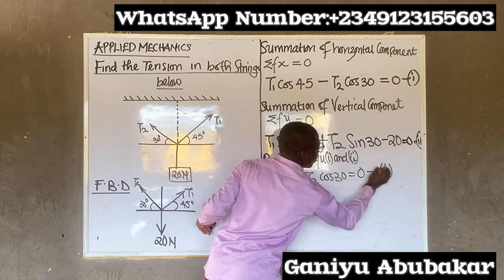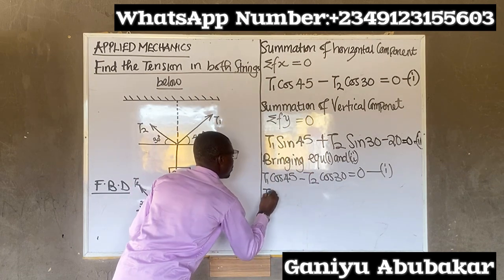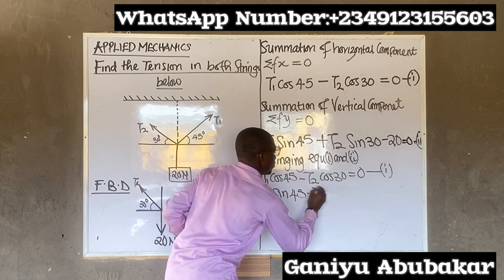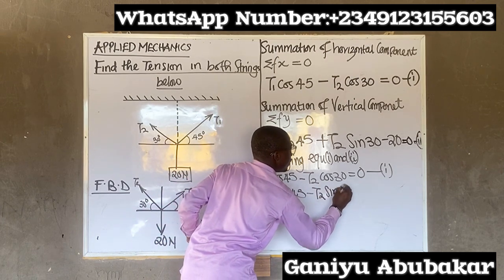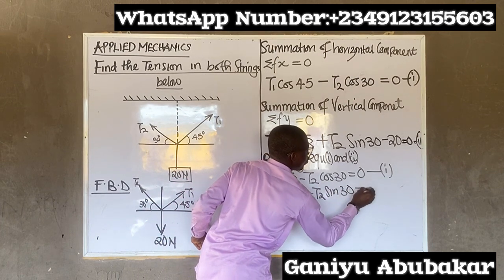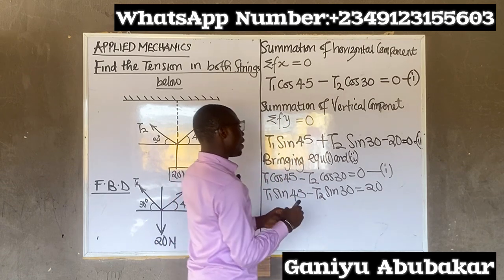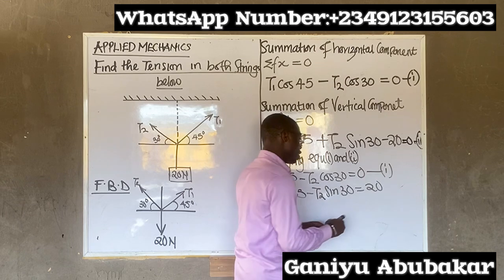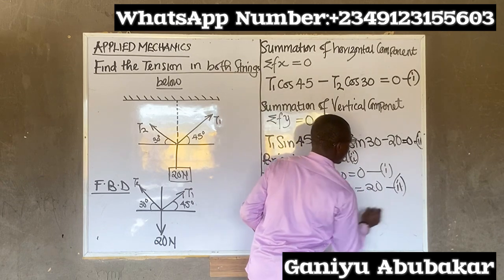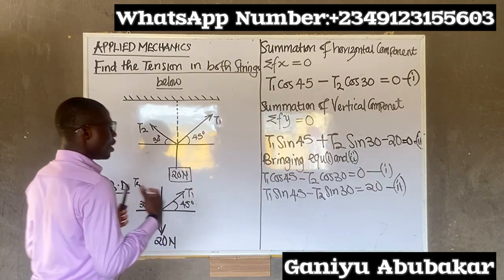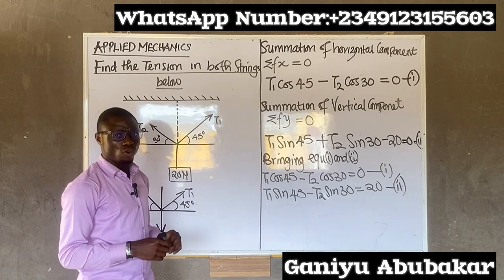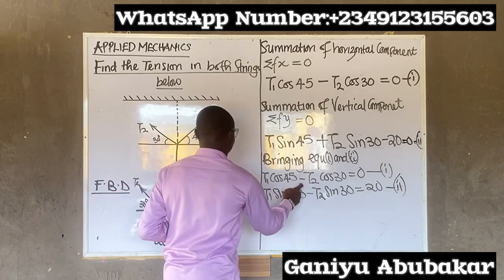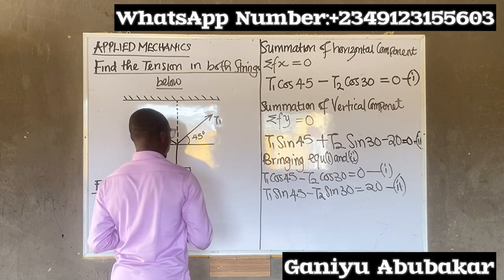Equation 2 gives us T1 sine 45 minus T2 sine 30 equals 20. If I take the negative 20 to the other side, it gives you 20. Call it equation 2. All right, let's solve equations 1 and 2 using simultaneous equations. I'll pick equation 1 and make T1 the subject.